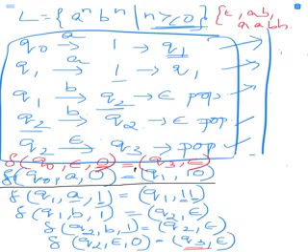So two transitions were defined to make the PDA an NPDA. That is, here one more transition is defined, that is q3 comma epsilon.